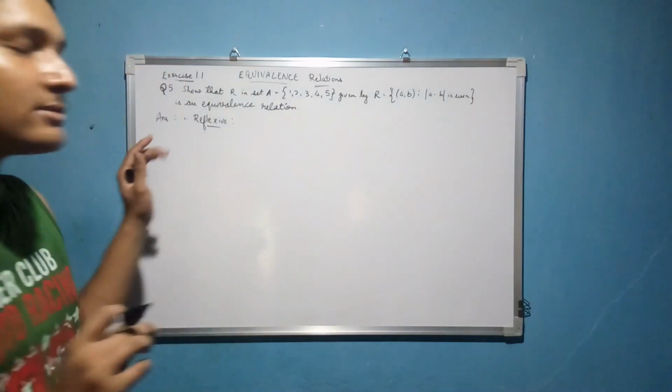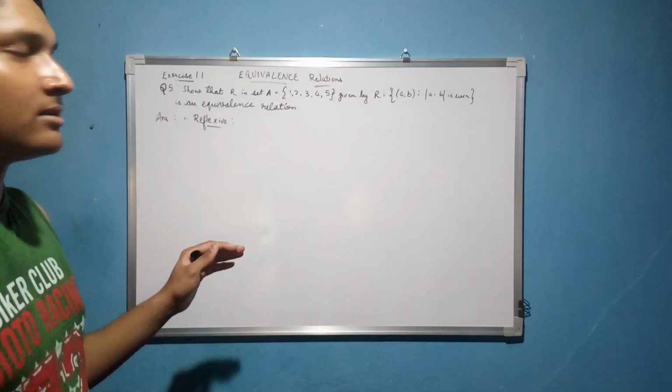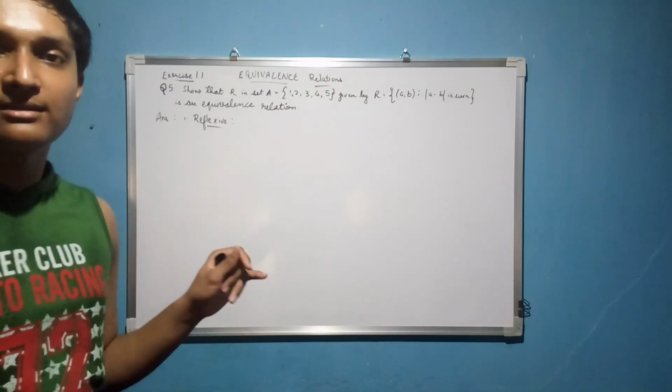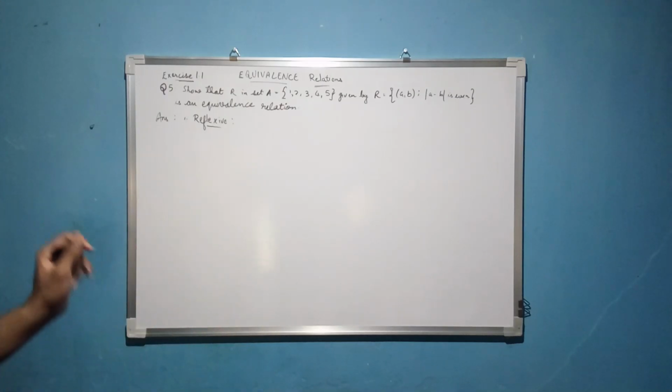Now here in this question we are considering 0 to be an even number. Generally we say that 0 is neither even nor odd, but in this question we are considering 0 is even.